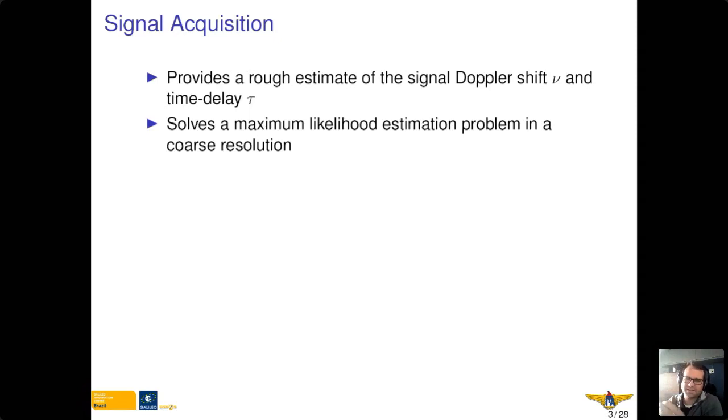There's this connection between acquisition and tracking. The parameter estimates from the acquisition need to go smoothly into the tracking, and the tracking should lock in fast with these estimates. So the estimates need to be reasonably accurate already.